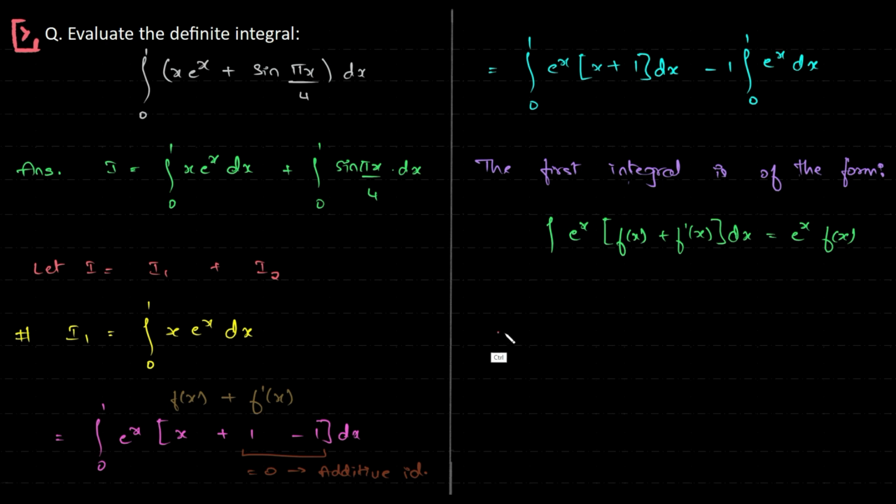And so this will result in e to the power of x into x from 0 to 1, and the other one will result in e to the power of x from 0 to 1.